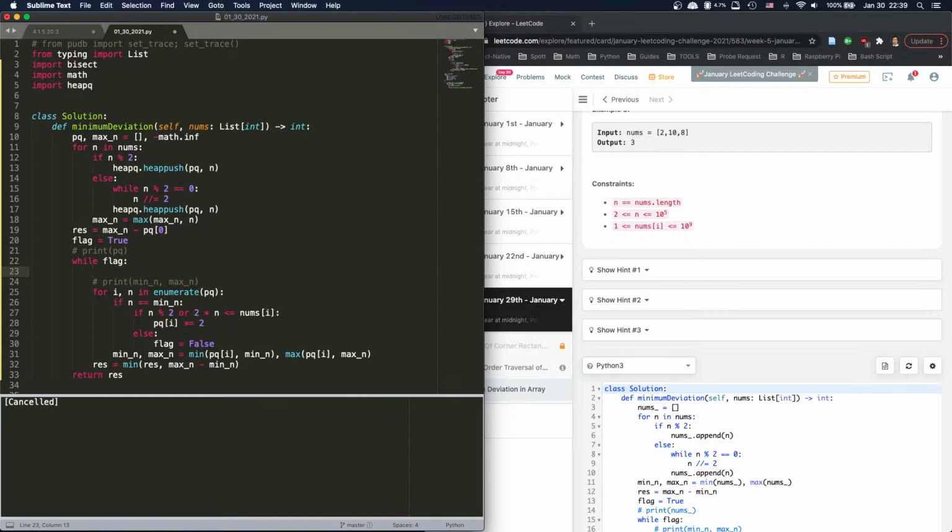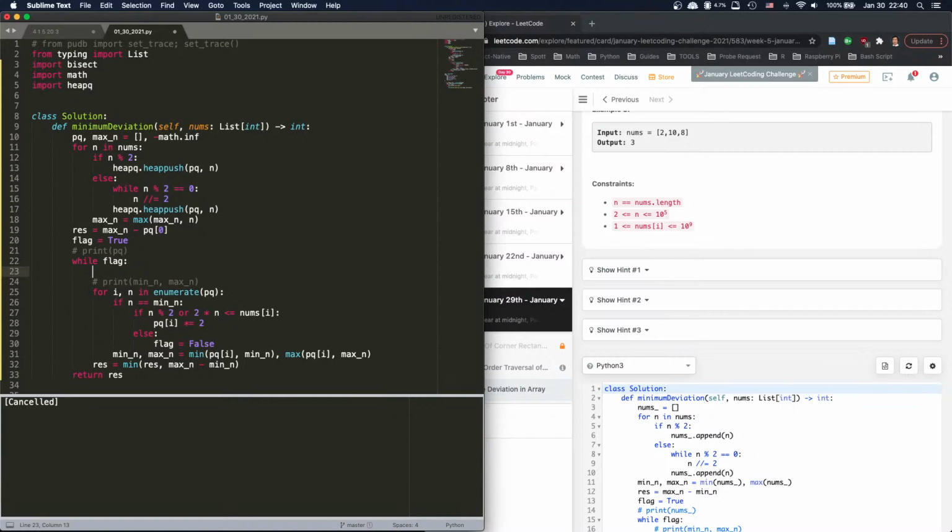So we pop out, and that's the current min, we multiply it, and then we have the current min value, and we keep popping. So the current min value we popped out, see if we can multiply it by 2.